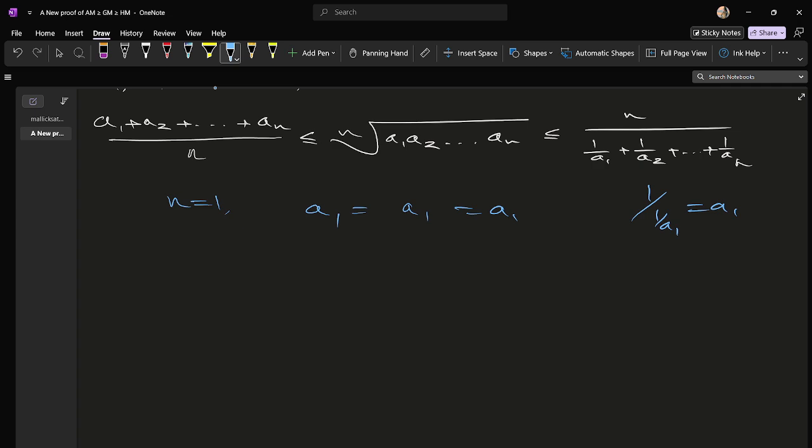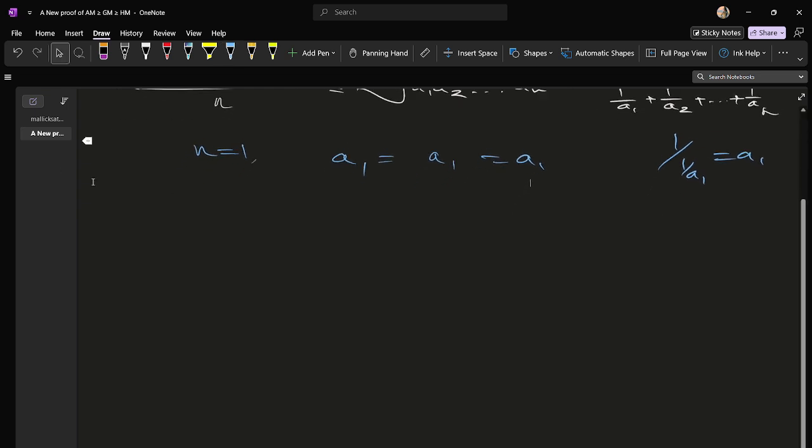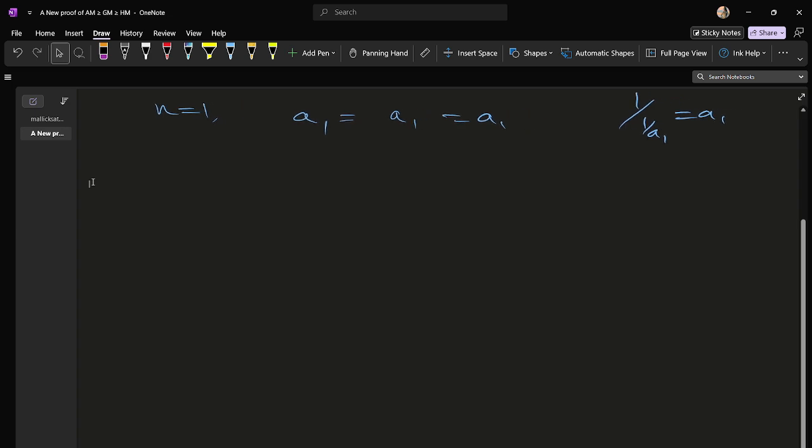Now suppose the theorem holds true for n minus 1 cases.